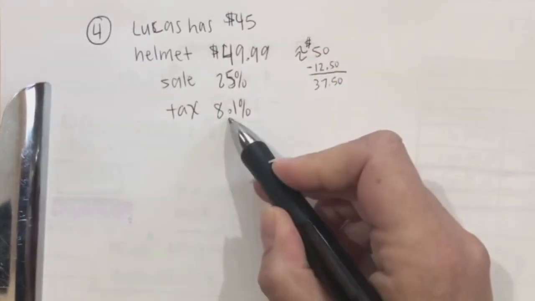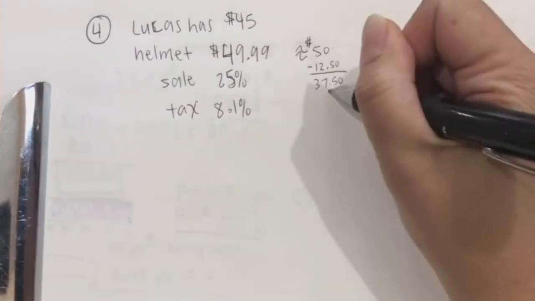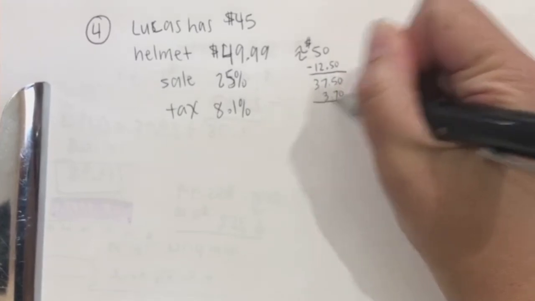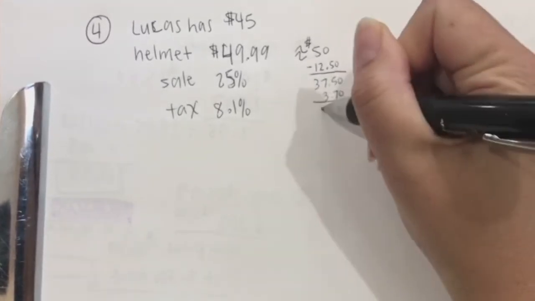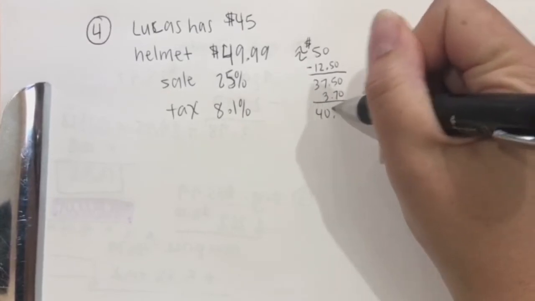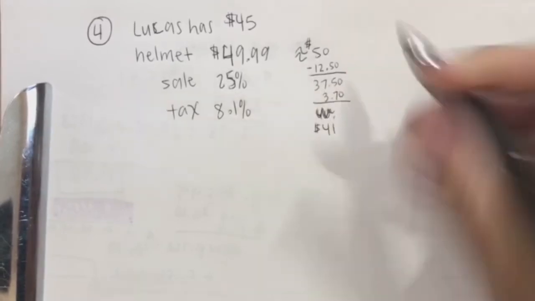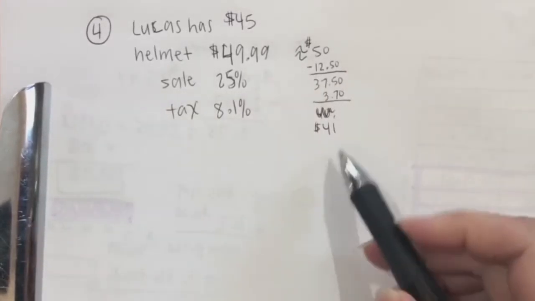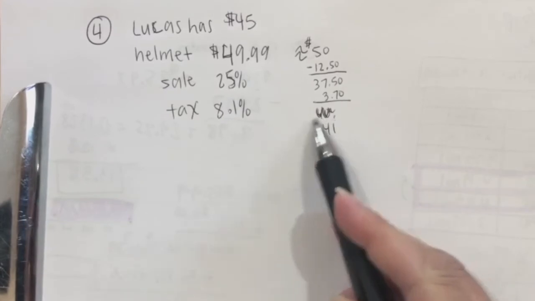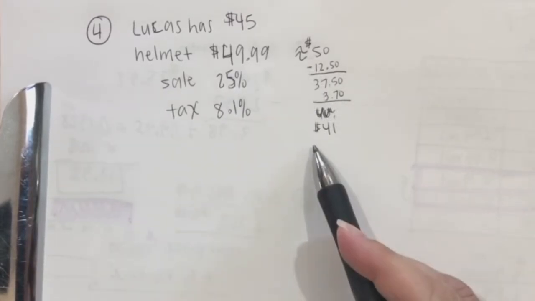And then this is pretty close to 10%. So then I would add back about $3.70. And I would say this is about $40 and I don't know, some change. So maybe close to around $41 is what I would estimate in my head. So when we get to the end, we should have a number close to that. This is my little estimation.